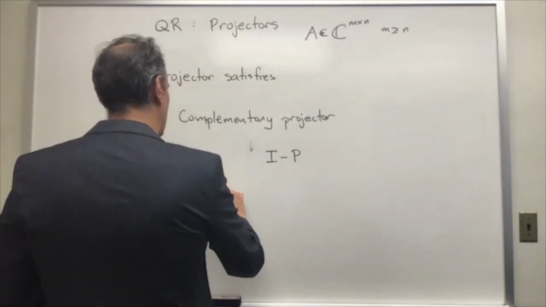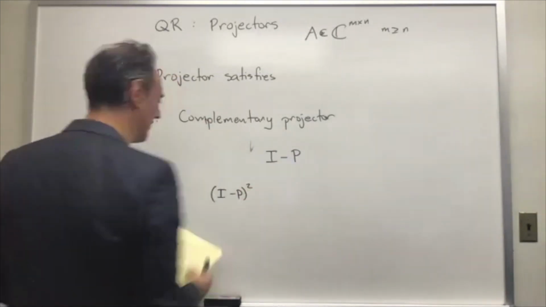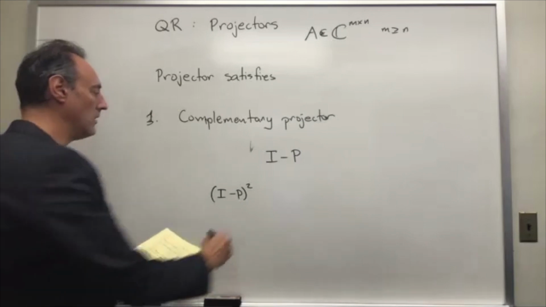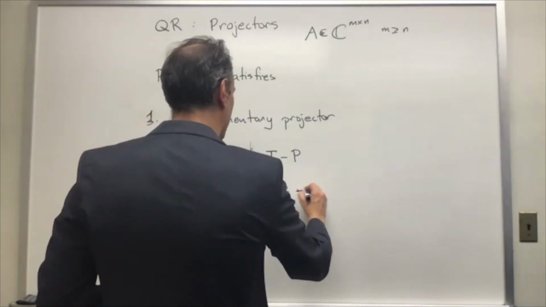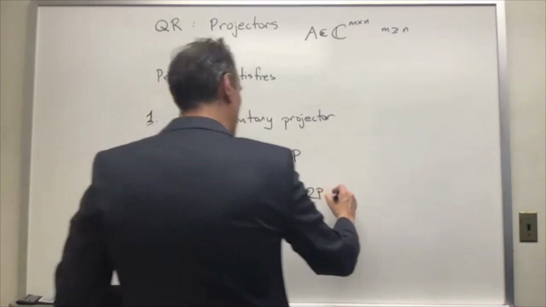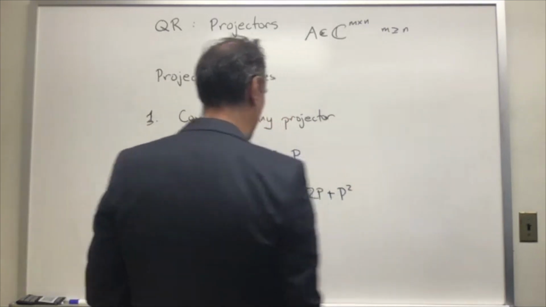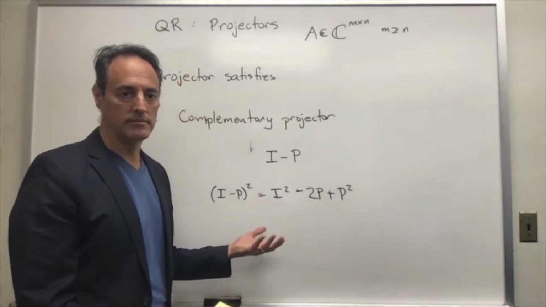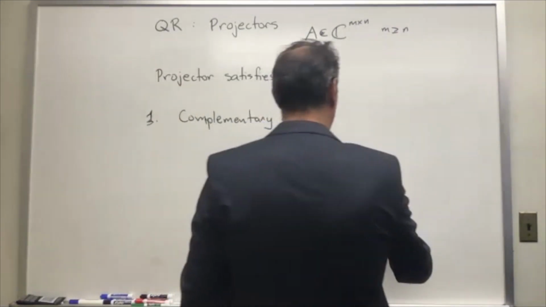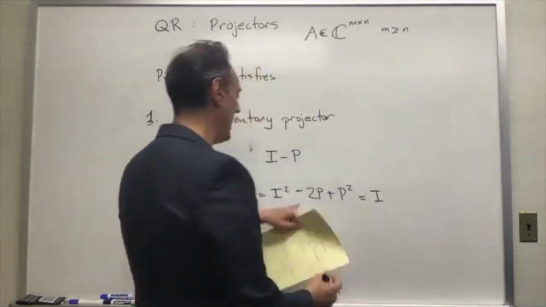Consider (I minus P) squared. Well, multiply this out. You have I squared minus 2P plus P squared. Well, I squared is just I, minus 2P.